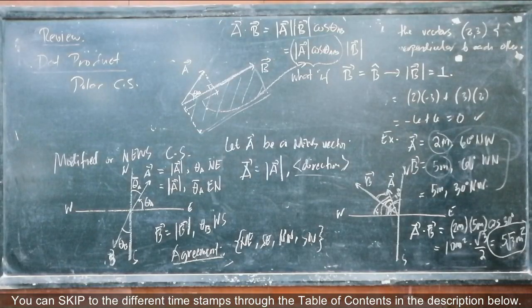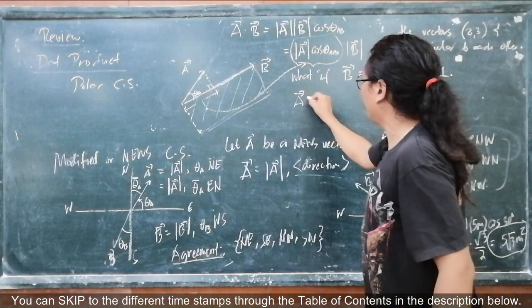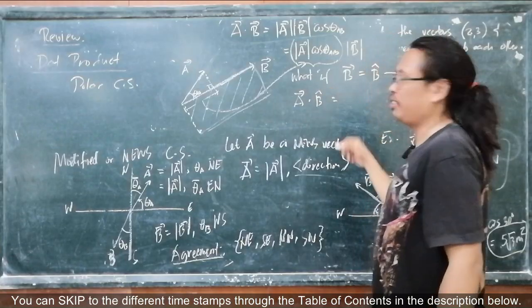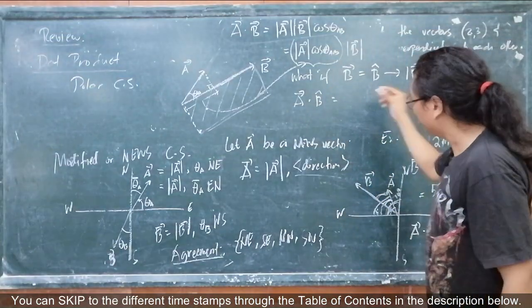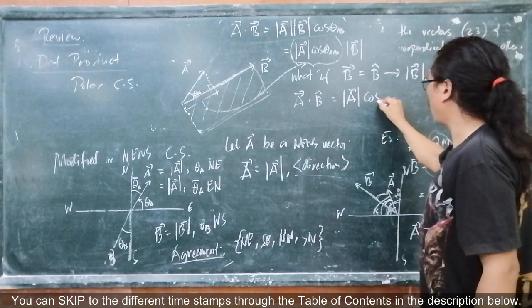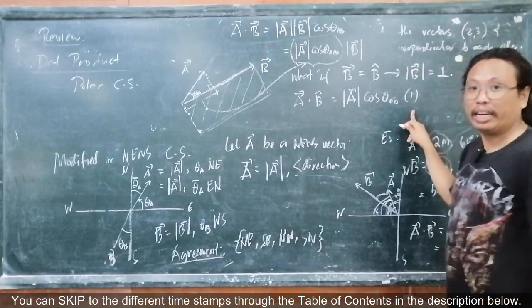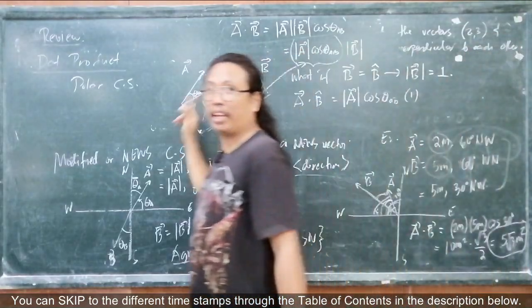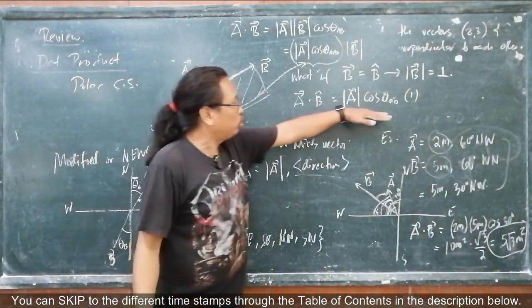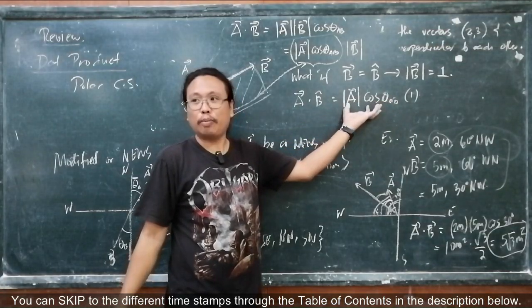So the dot product A dot B hat is equal to the magnitude of A cosine theta AB times just 1. And it will give you this length. So this is what we are really interested in, the dot product.